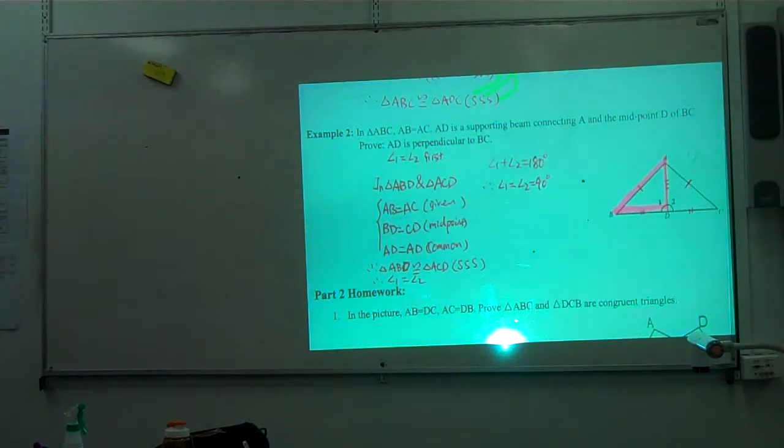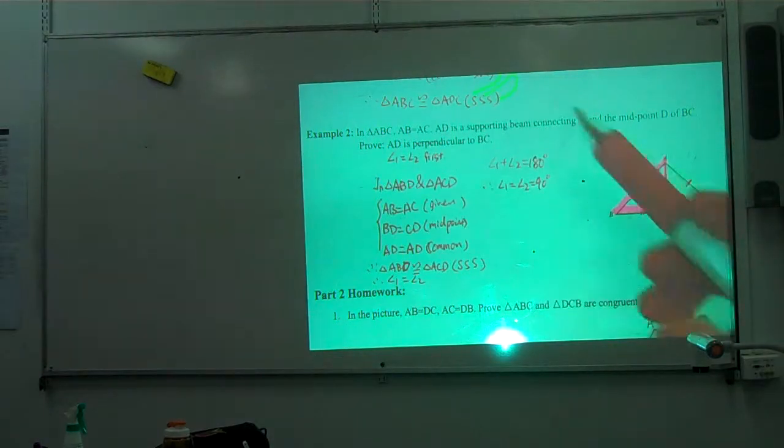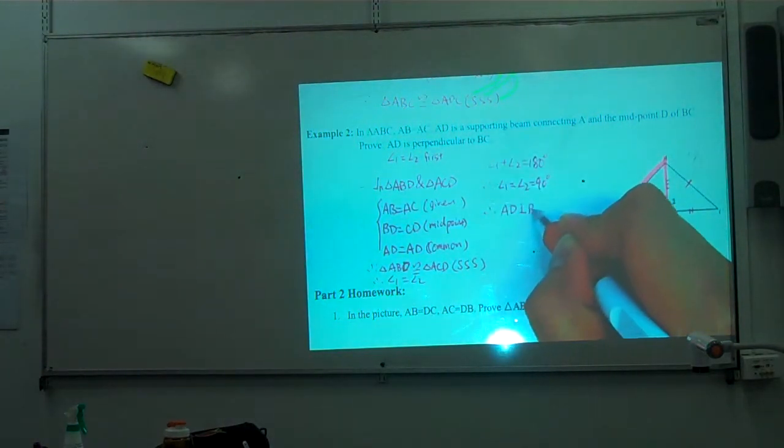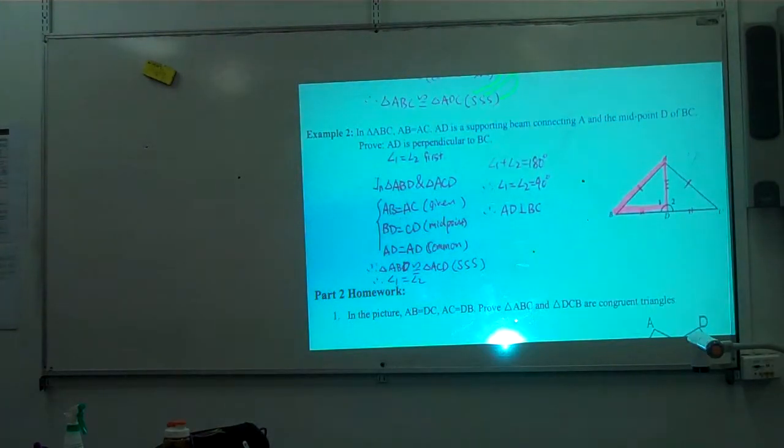If angle 1 equals angle 2 is 90, we can prove AD is perpendicular to BC. This is a perpendicular sign. AD is perpendicular to BC. So from this question, we talk about how to do the further proof.